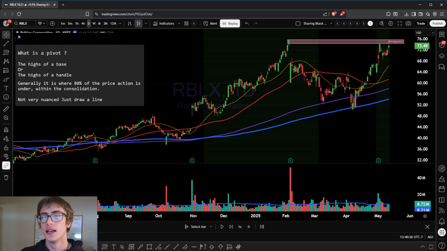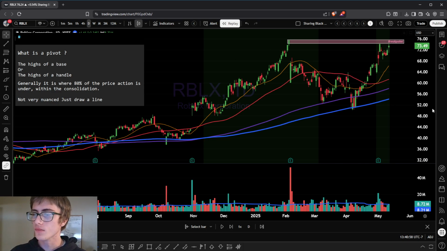It's where 80% of the price action of a consolidation is under. So if price has been going sideways for 4 months and you can draw a line across the top, and 80% or 90% of all the days are below that point, that's the pivot. It doesn't have to be super nuanced.